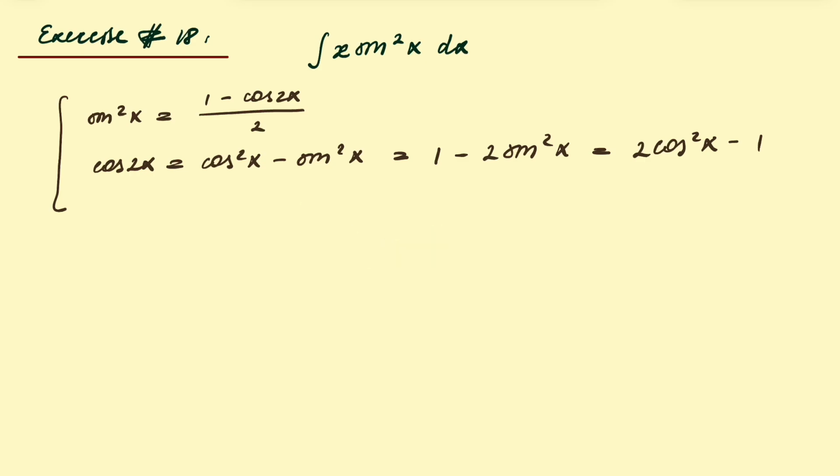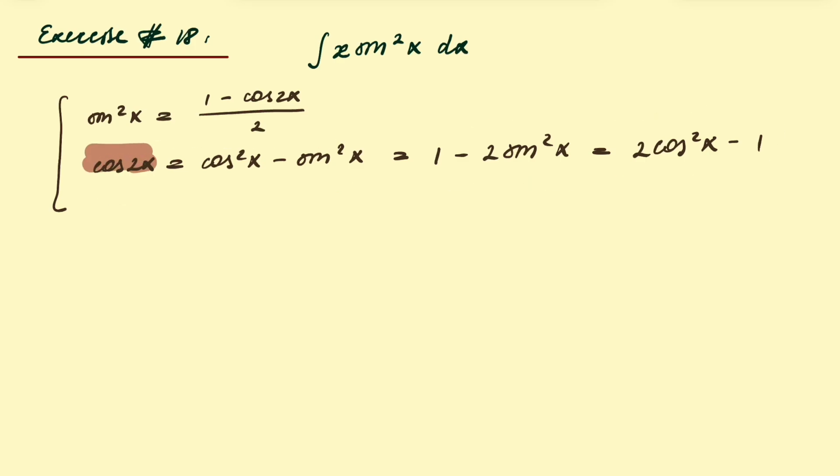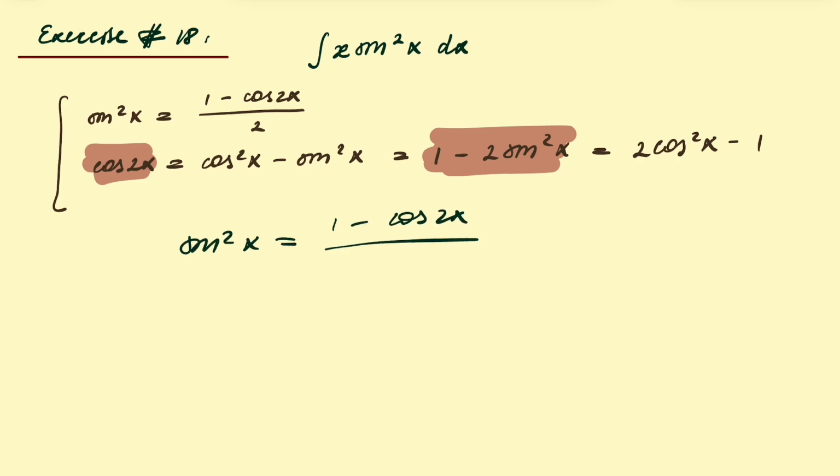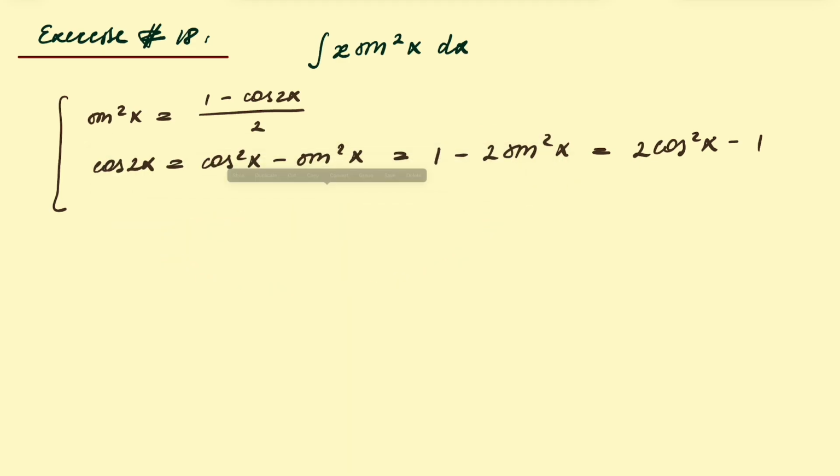Alright, now that we have these formulas for cosine of double angle, from this identity, we know that sine square of x is actually 1 minus cosine of 2x over 2. So this is what we needed in the first place, but it may happen so that you don't even remember the formula of cosine of 2x, but it's not a good story. You should keep that in mind, but it happens.